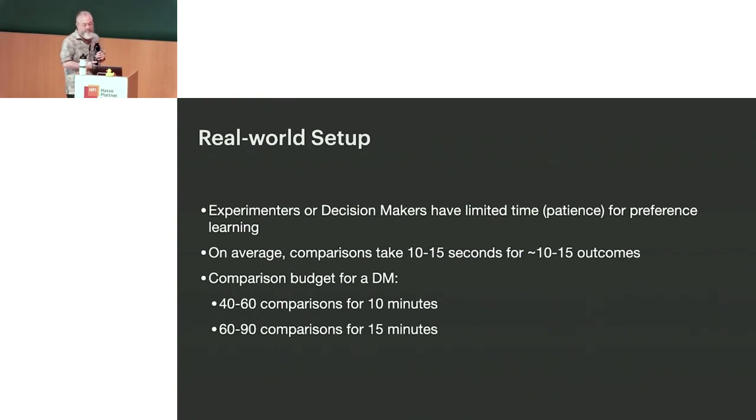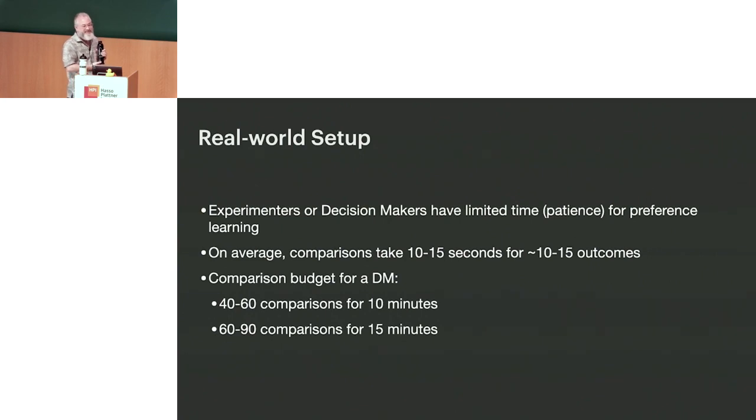And so, more formally, if we were to characterize the setup, we have these decision makers who have some limited time and patience for playing this game using this interface. They're usually willing to give it about 10 or 15 minutes. People are surprisingly patient with this. And it doesn't take that long to perform this task.